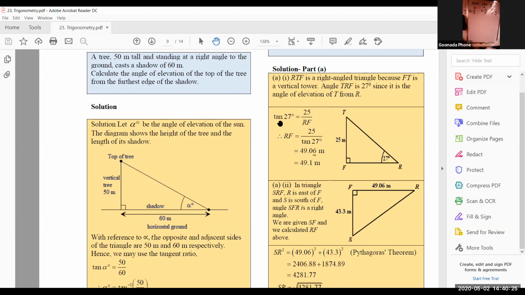So tan 27 is equal to 25 over RF. We need to find RF, so we carry this across, and you all know how to do the transposing already because I taught you. So you will get RF equals 25 over tan 27. In your calculators you will write 25 over tan 27, and you will get 49.1 meters. It's basic calculation, you just use a calculator here.